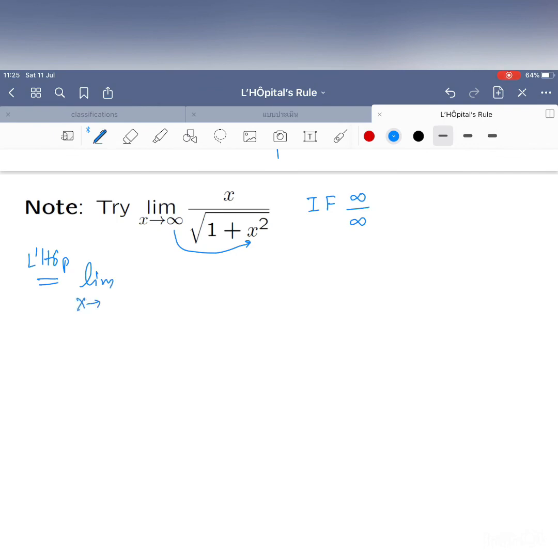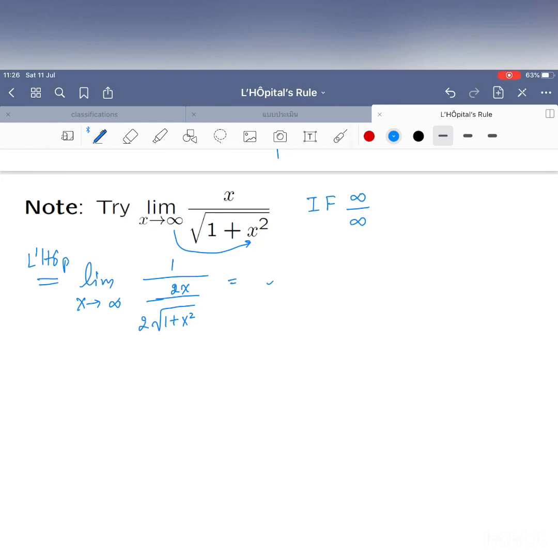So this limit, okay, it is 1 over the square root of... on your top the derivative is 1, on your bottom the derivative is 1 plus x squared, right, 1 over 2, and then the derivative of the inside, which is 2x, okay.